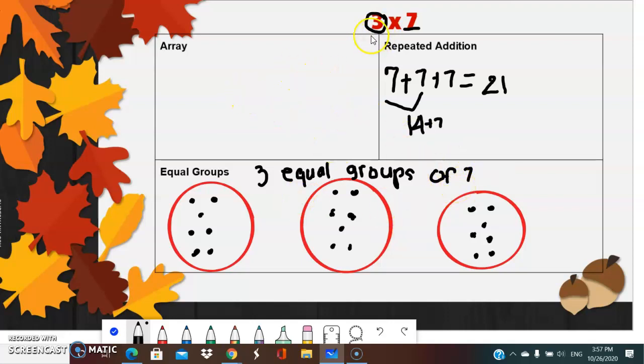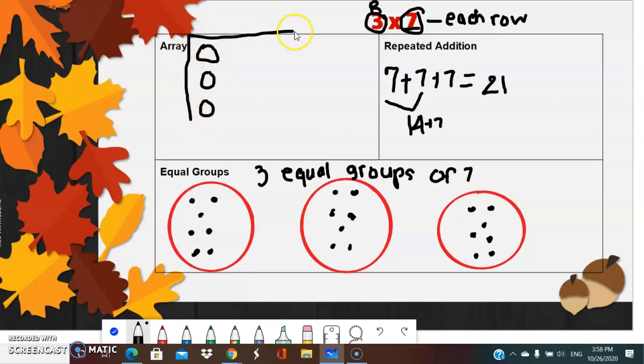So to build an array, I need to make sure that my array represents my number sentence, which means this is my rows, and then 7 will be the number in each row. Okay, so I'm going to draw 3 circles, and they don't look the best, but you kind of get where I'm going. So I have 3 circles. This represents my rows. So in each row, I need 7.